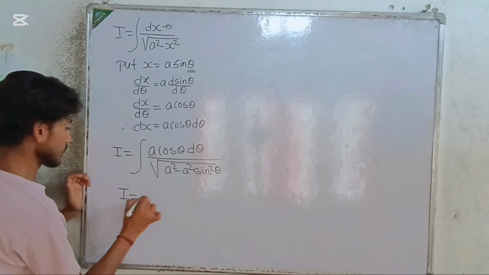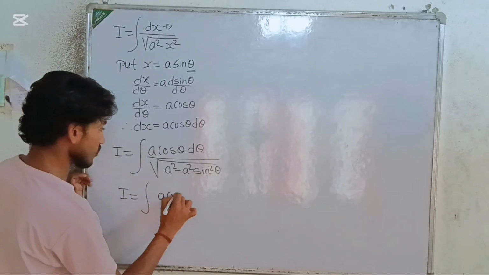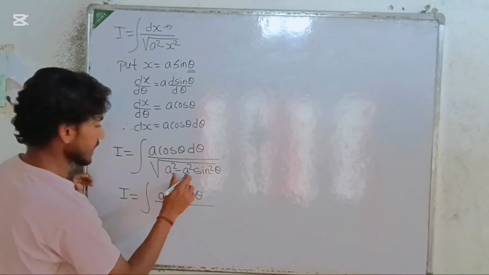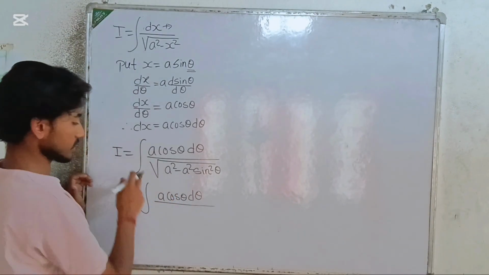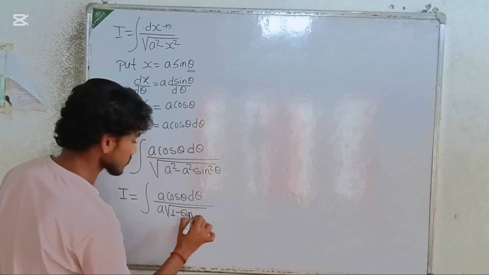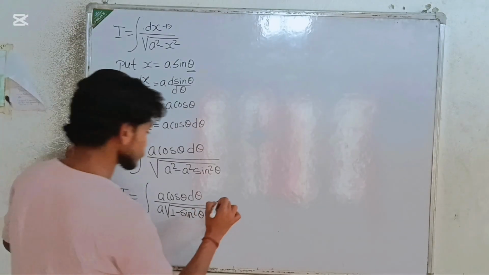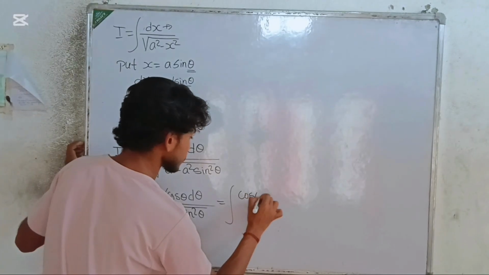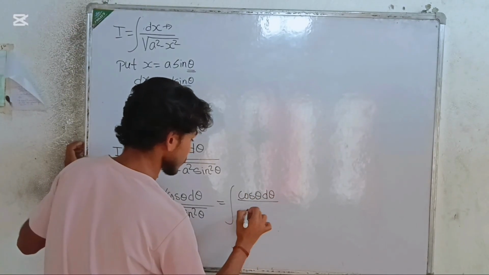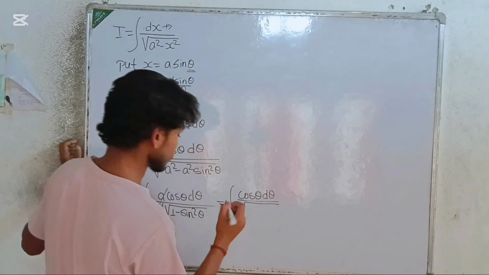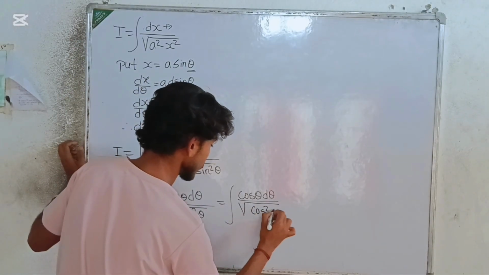So I is the integral of a cos theta d theta divided by, if I take a squared common and take it out from the square root, a times the square root of 1 minus sine squared theta. So the a cancels out and I get cos theta d theta over the square root of cos squared theta.